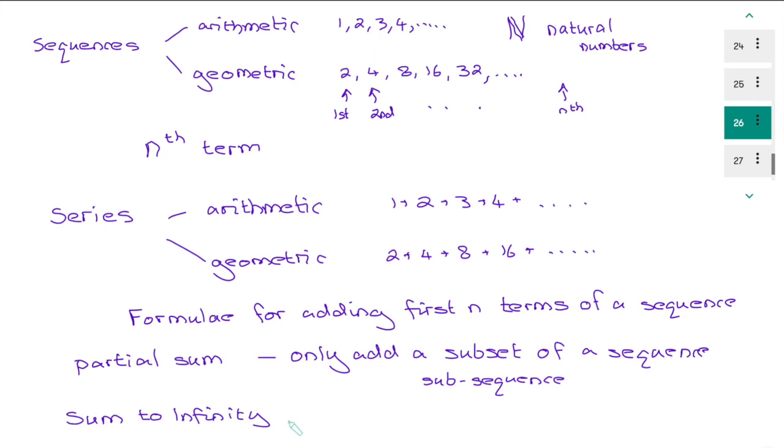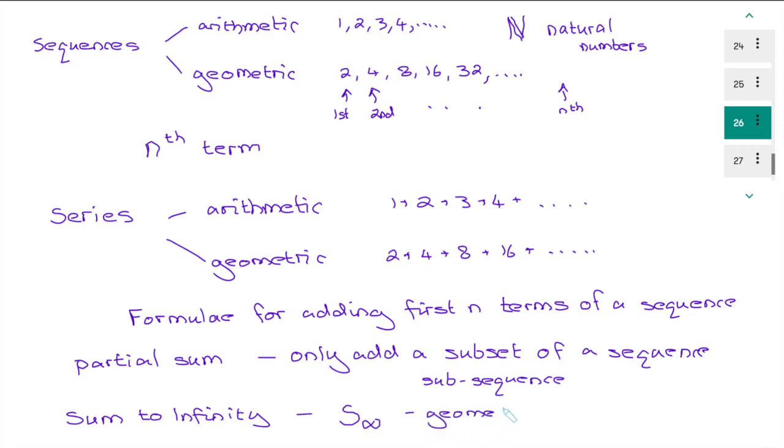When we get a sum to infinity, it's because the series converges, and we can actually put a value on the sum to infinity of a geometric series.